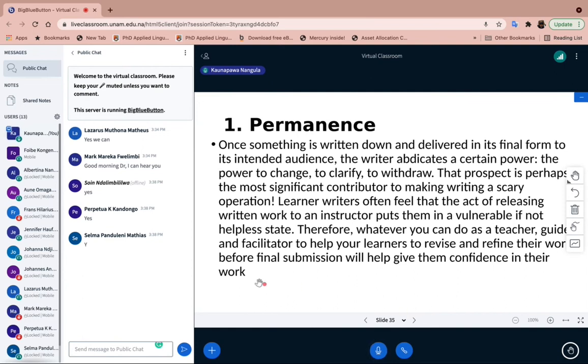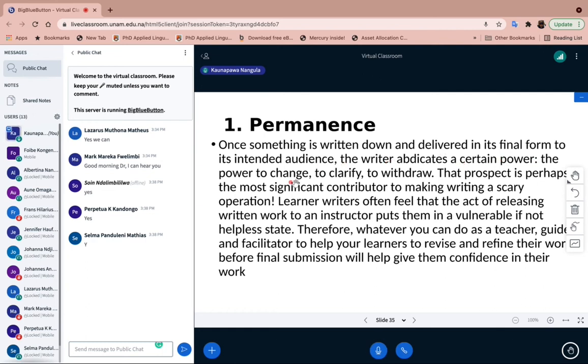All right. So when it comes to writing, we all know that when something is written down and delivered, it's in its final form to its intended reader. When you do that, as a writer, you lose a certain power, such as the power to change.